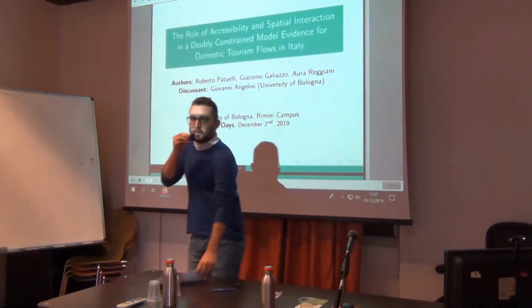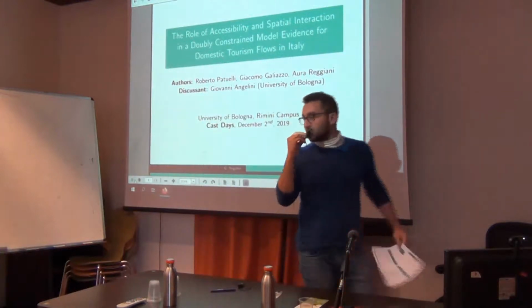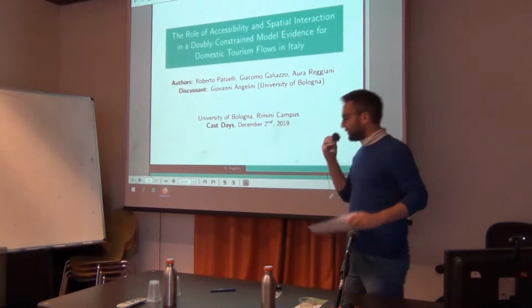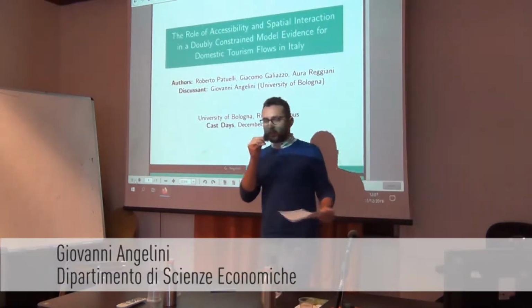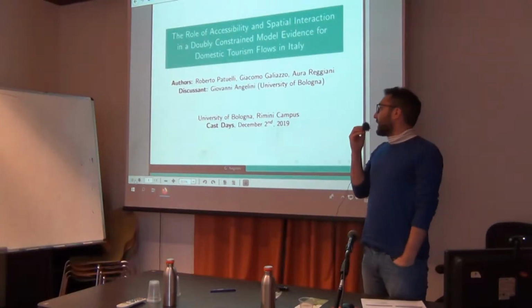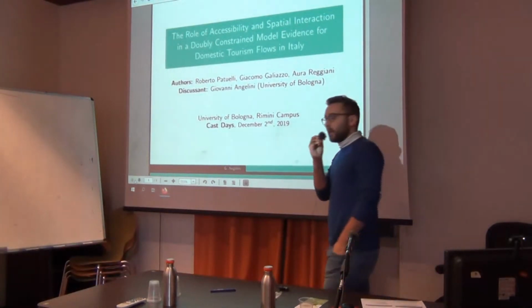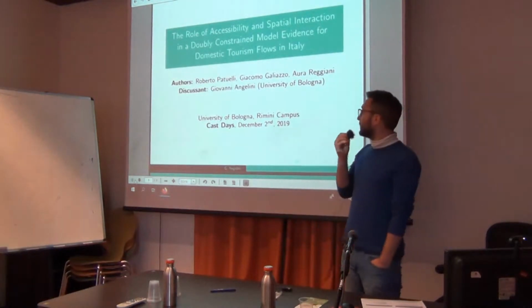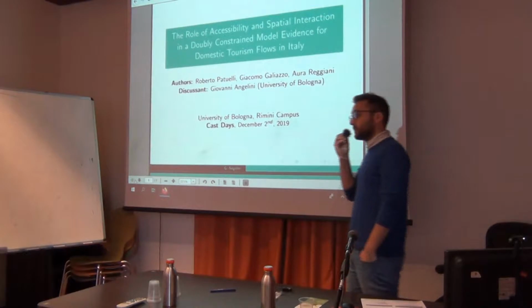Well, first of all, thanks for having me as a discussant for this paper. I'm not an expert in this kind of literature, so what I've prepared for today is not a proper discussion, but a couple of ideas that came to my mind when I read Roberto's presentation, in order to answer Roberto's questions.